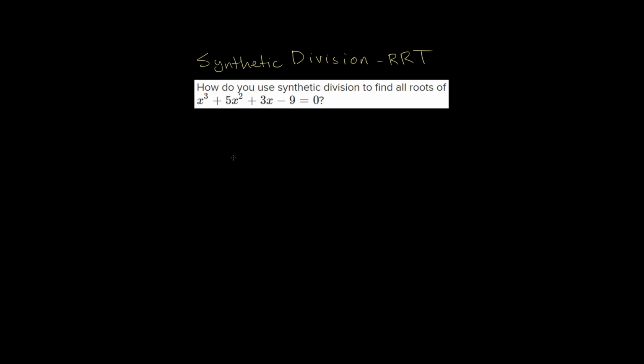So in order to do this problem, we have to understand the rational root theorem. Now the rational root theorem says, all the possible roots are going to be classified as the factors of the constant, which is that negative 9, divided by the coefficients of the highest power term, which in this case is going to be 1.